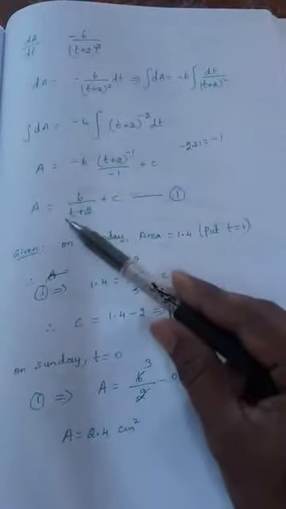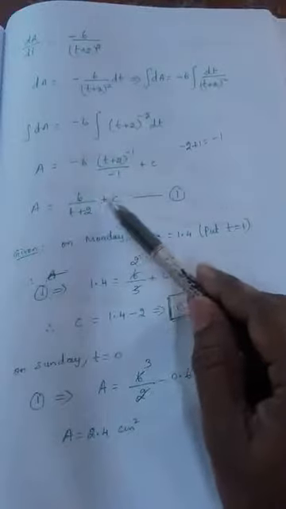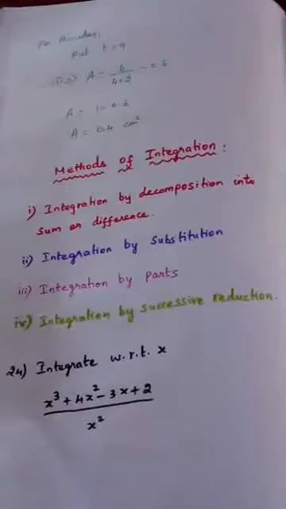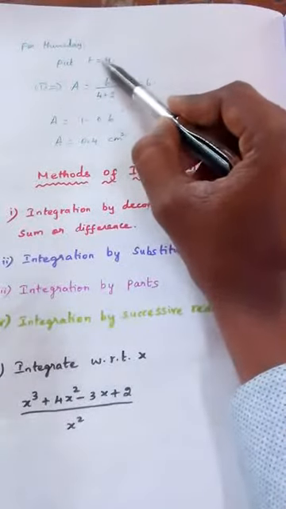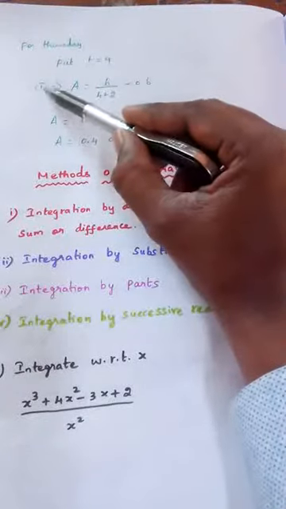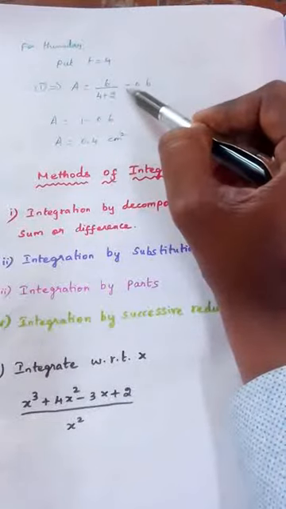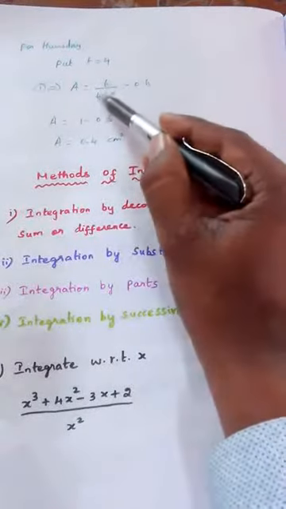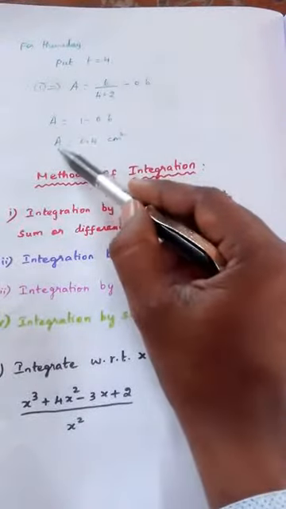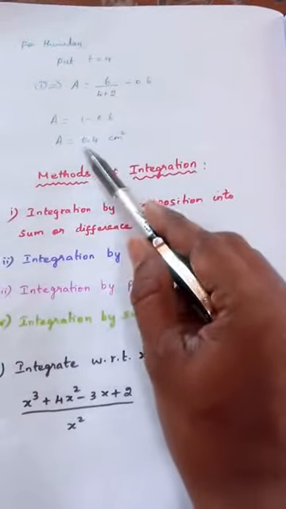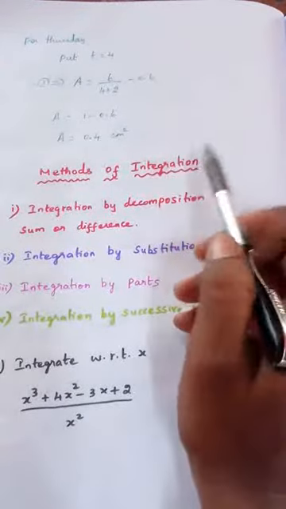Put t equal to 4 in the first equation. A equals 6 by (4 plus 2) plus c, where c is minus 0.6. 6 and 6 get cancelled, 1 will come, so 1 minus 0.6. The area of the wound on Thursday is 0.4 centimeter square. So these are the two answers that we needed to find.